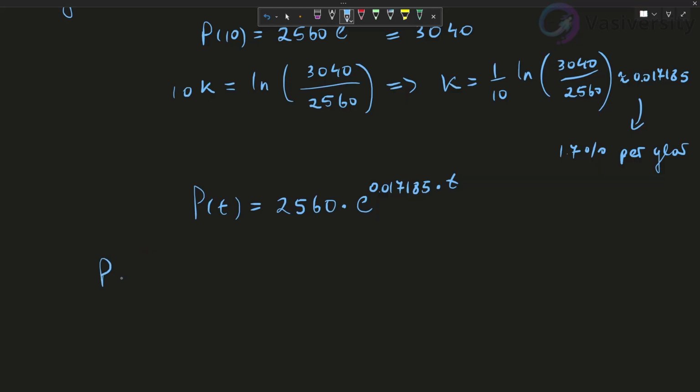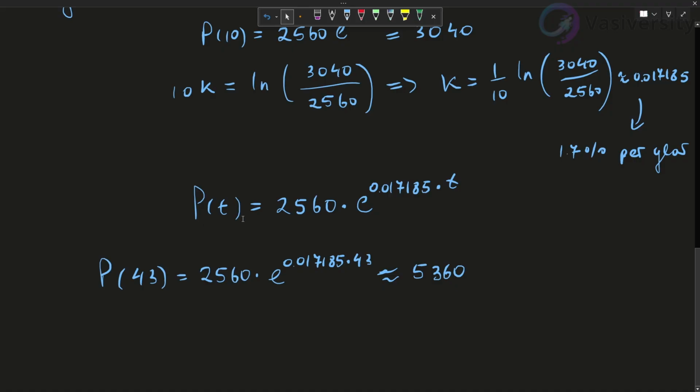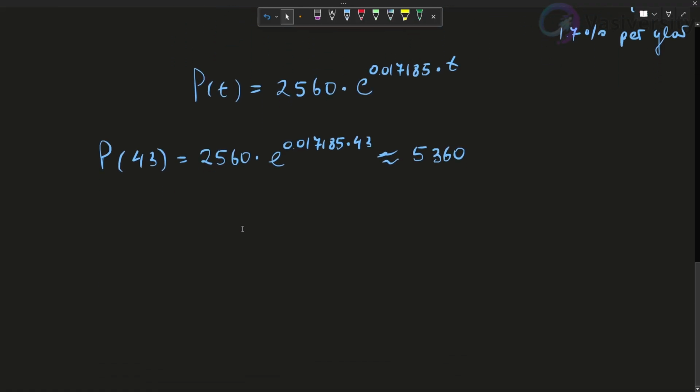So population after 43 years, which is 1993, is 2560 times e to the power of 0.017185 times 43, going to be equal to approximately 5,360 million, or 5,300,000,000, essentially.